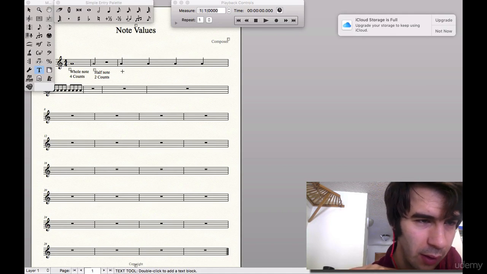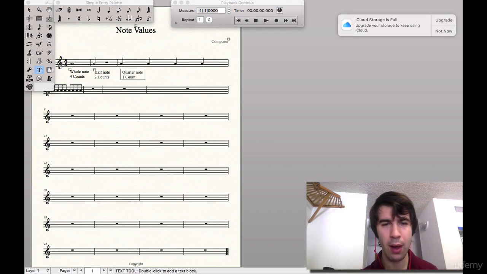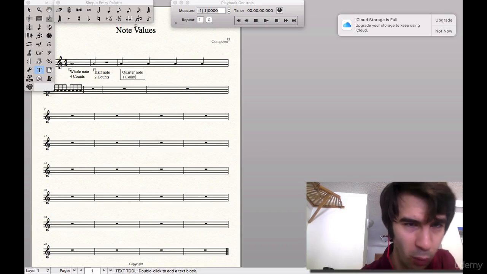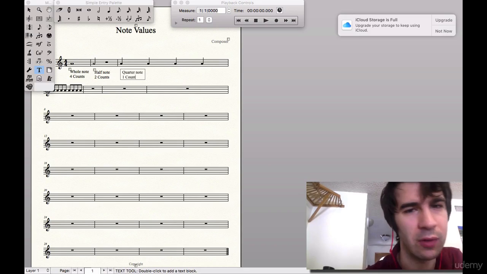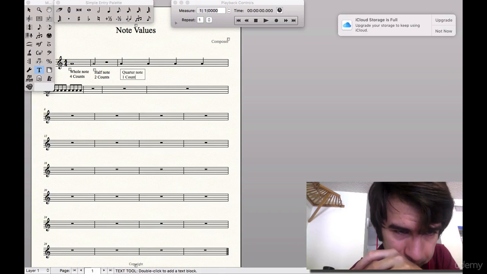The next one is the quarter note. And that gets 1 count. Remember we talked about 4/4 and 4 beats per measure, and the quarter note gets the beat. This quarter note is that unit. And as you can see on the screen, there are 4 quarter notes.